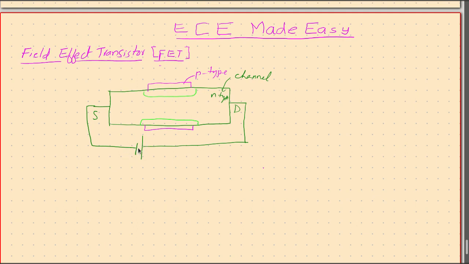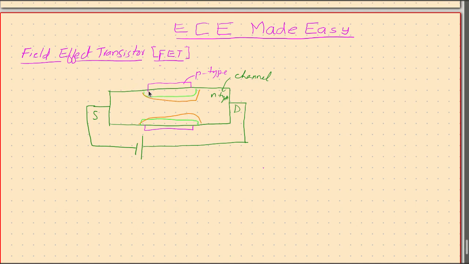Because of this connection, the electrons are repelled away from this negative terminal, and the electrons are attracted towards the drain. Therefore, more and more electrons get attracted towards the drain compared to the source, and hence the depletion layer is more widened near the drain compared to the source.